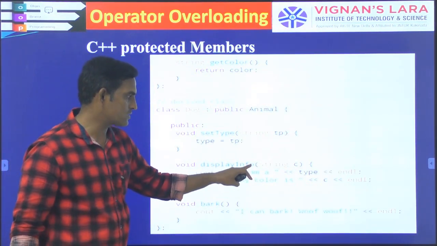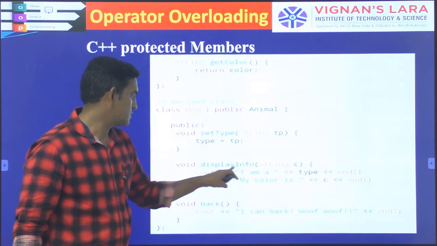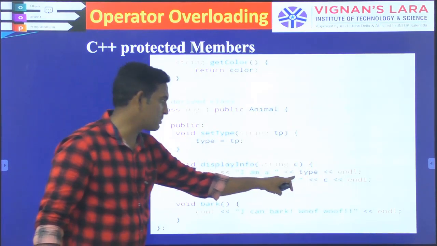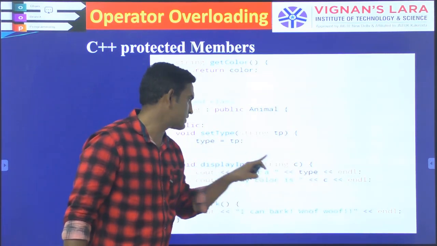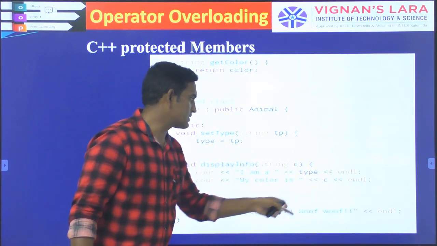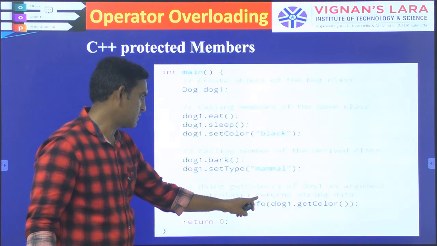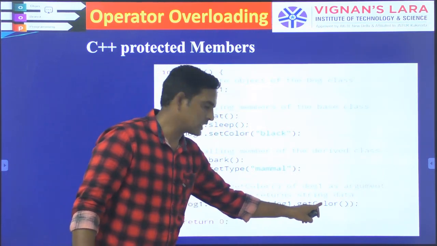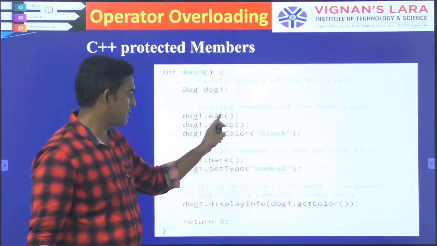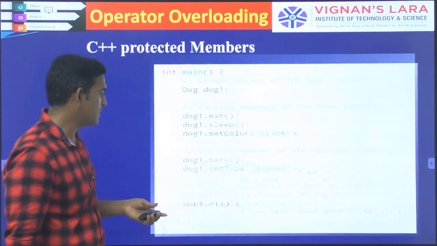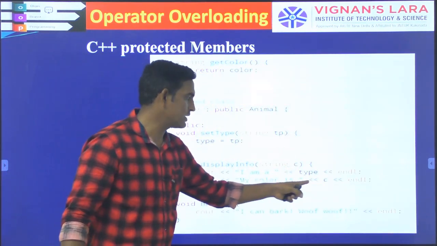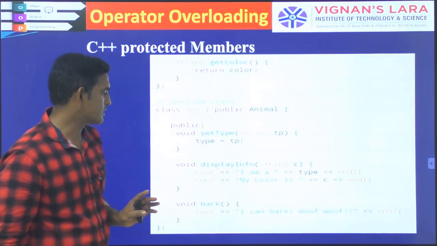Inside the derived class, you are having the display info method. The display info method will display your type, whatever type is present, and C, whatever C you are passing. Here you are passing the C as a mammal, dog1 dot get color. What is the color? Black. That particular black will be printed here. So my color is black. That will be printed here.